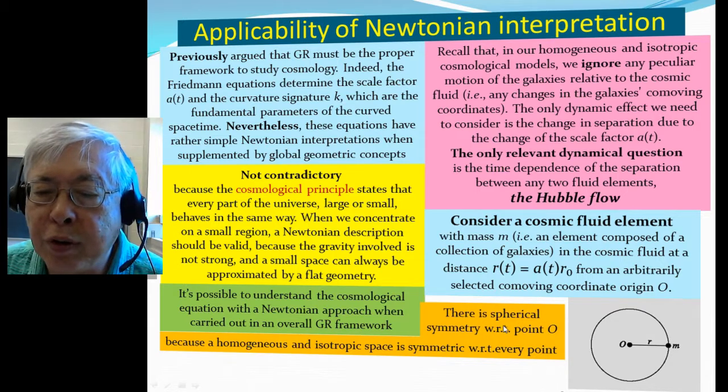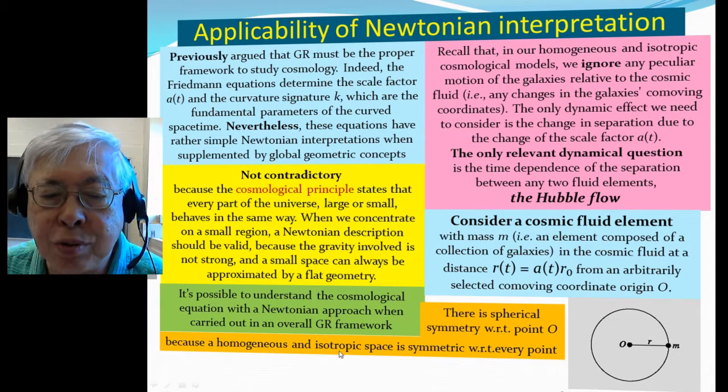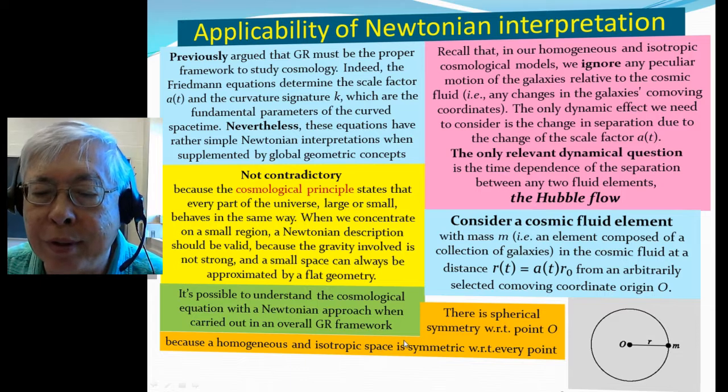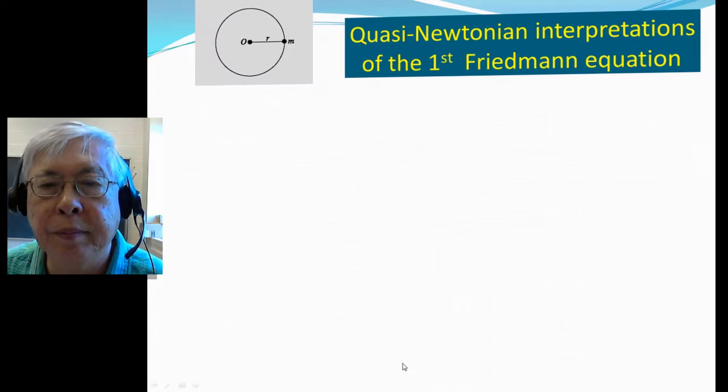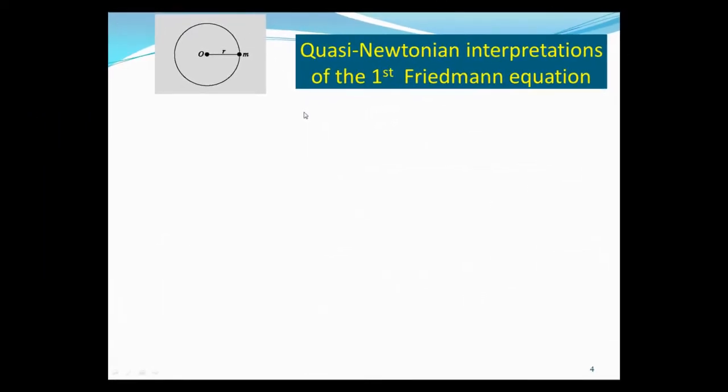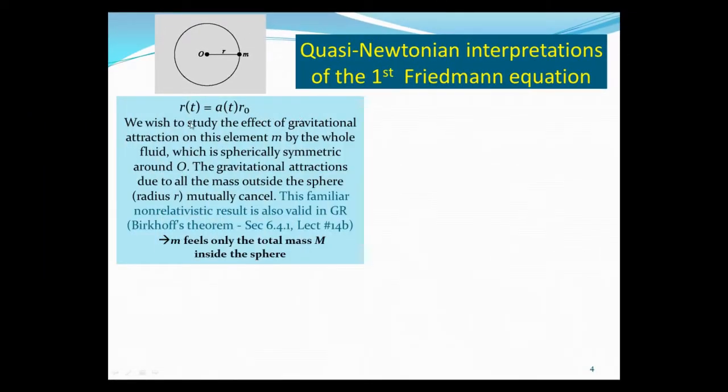And also we have spherical symmetry with respect to the origin O, because homogeneous isotropic space is symmetric with respect to every point. So we should study the effect of gravitational attraction on this element m by the whole fluid, which is spherically symmetric with respect to O. Therefore, the gravitational attraction due to all the mass outside this Gaussian sphere of radius r cancels.